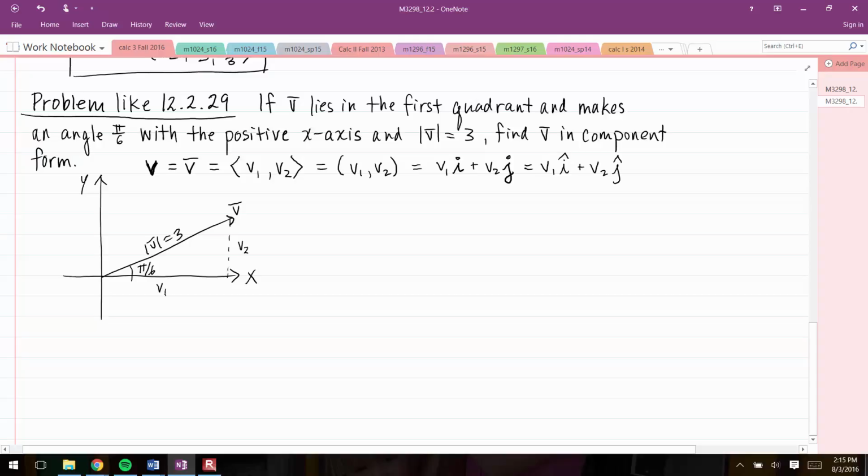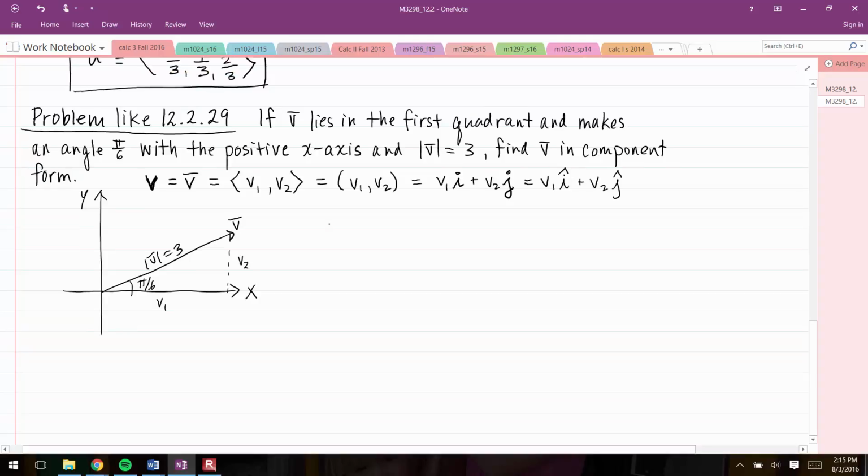If we just do some trigonometry, this is really easy. We're just going to use right angle trigonometry, so quick review of that, in case it's been a while since you've done exact radians and all this stuff. We're trying to find v sub 1 and v sub 2. We know that the hypotenuse of our right triangle is 3, the magnitude of the vector, and we know this angle pi over 6.